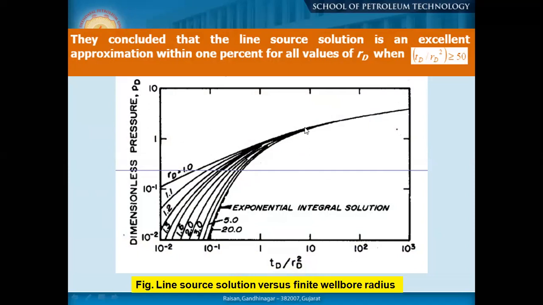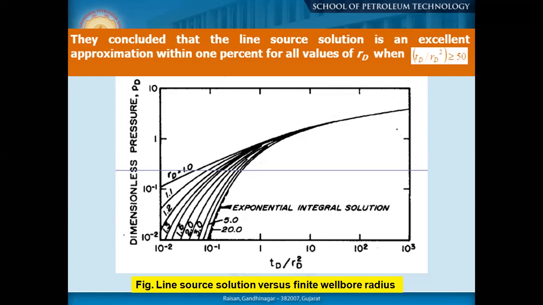But after a certain value, this value is more than or equal to 50. They concluded that the line source solution is an excellent approximation within 1% for all values of t_D over r_D squared. So that's why we use the line source solution for understanding our pressure with time as well as with radius away from the wellbore. So we use the line source solution.